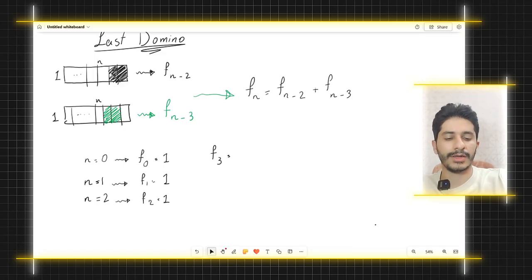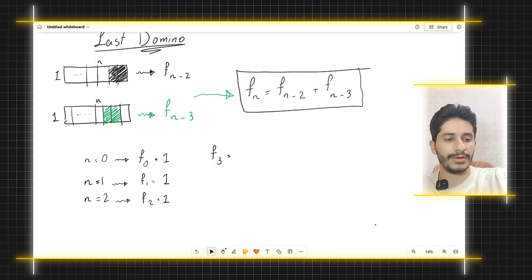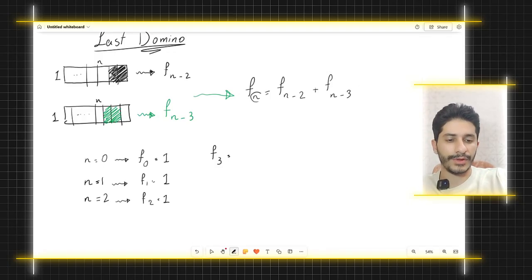Now we can compute the value of f of 3 by looking at this relation. f of 3 is equal to f of 1, because 3 minus 2 is 1, plus f of 0. So you sum these 2 values, and f of 3 is 2. f of 4 is f of 2 plus f of 1, so it's again 2.